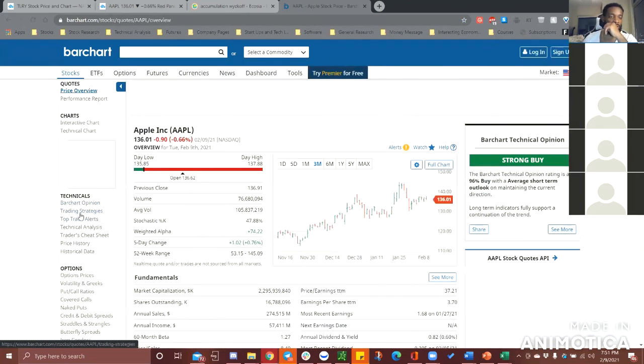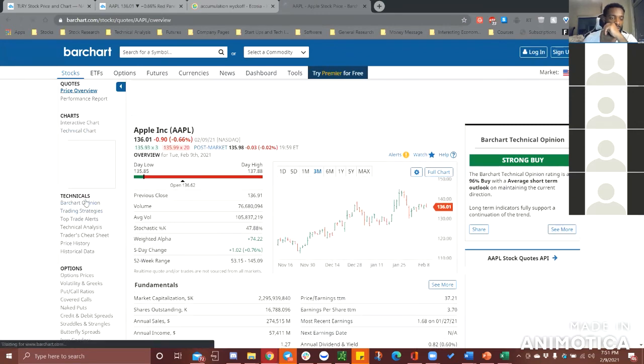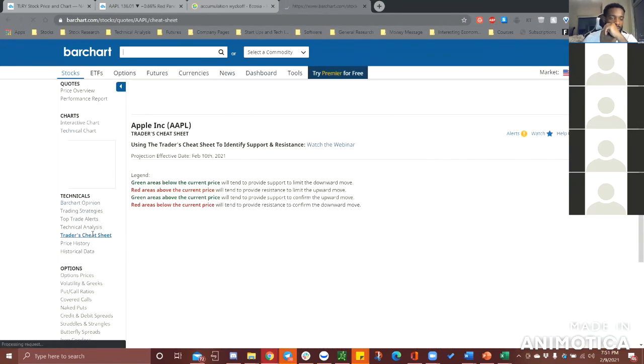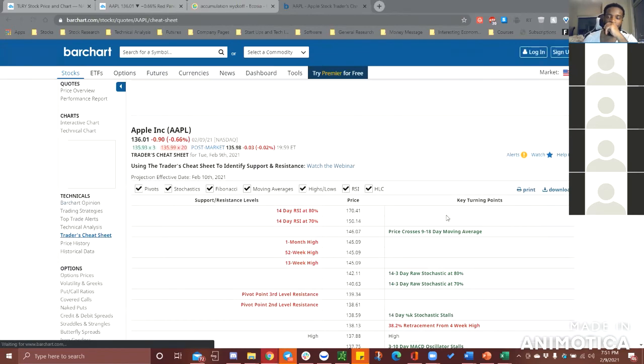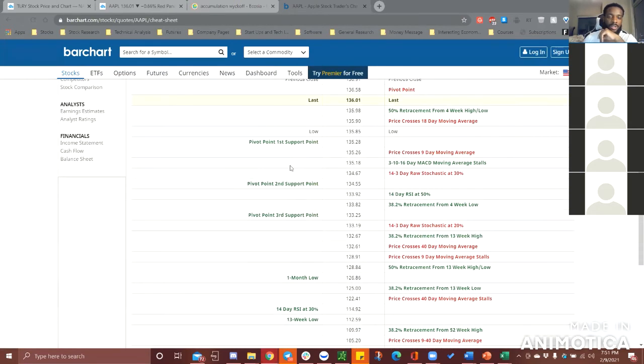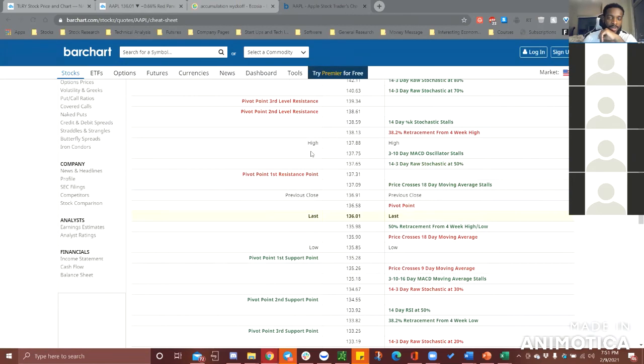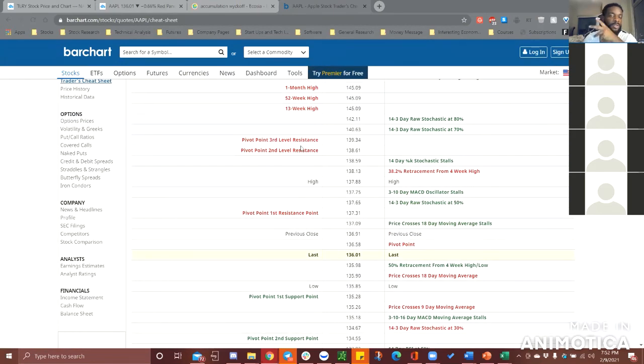You can use their trader cheat sheet, and this tells you what their support and resistance are. Then that can be how you determine if you're getting close in your charting skills.